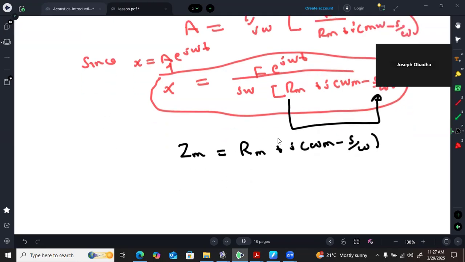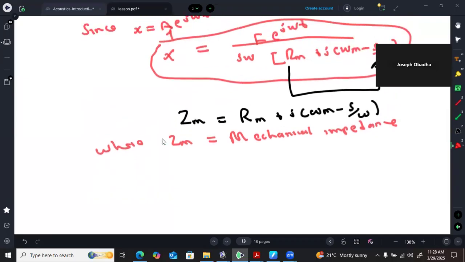Where Zm is mechanical impedance. If we look at this expression, now we can equate the mechanical resistance to this, and Xm we can equate to omega M minus S over omega.